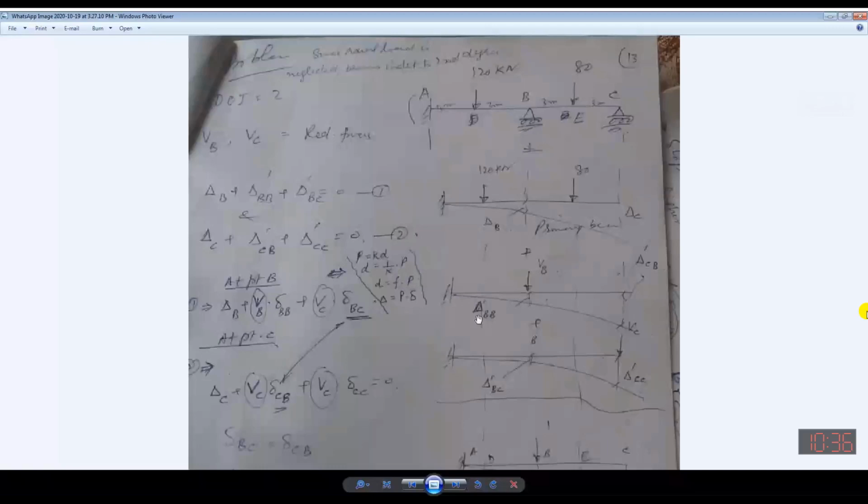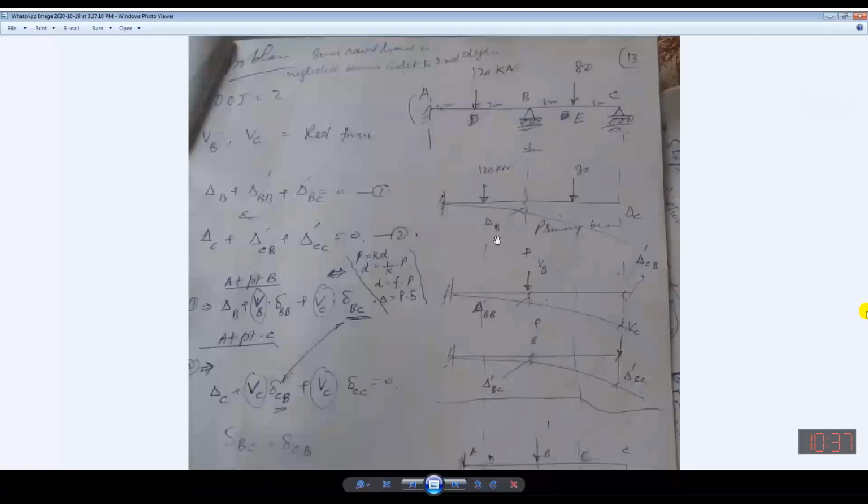Now, hear the definition. Listen carefully and note it in your notebook. Delta B, with one single subscript, shows the deflection, or displacement, due to applied loading.